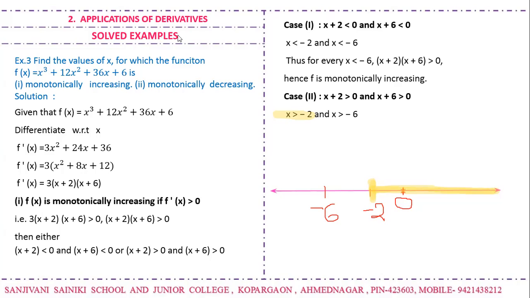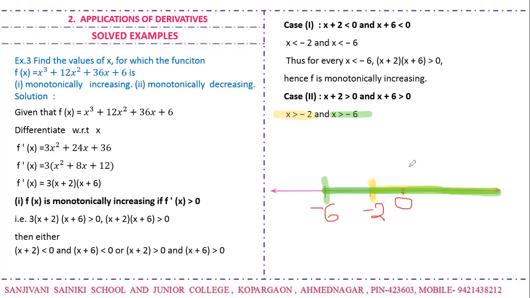Now think of the other one. This means x is greater than minus 6. Which is the common part?